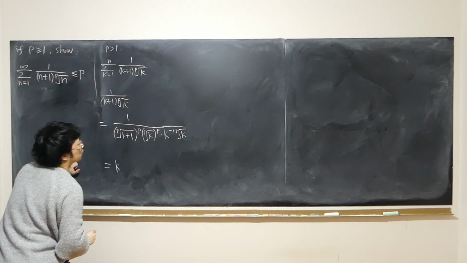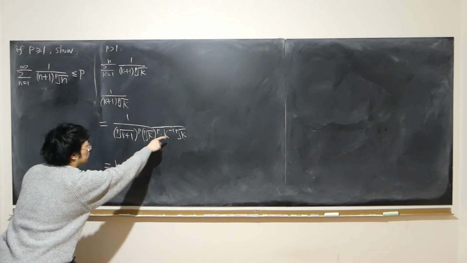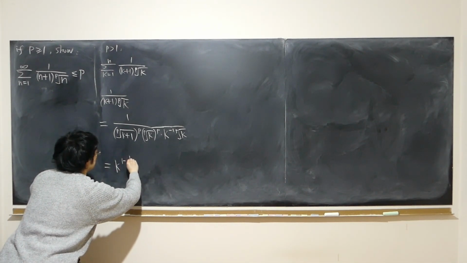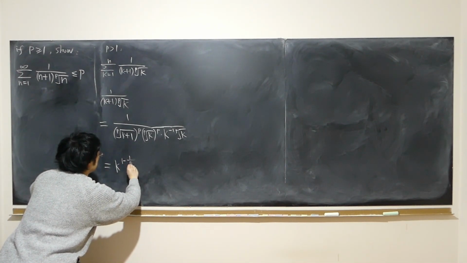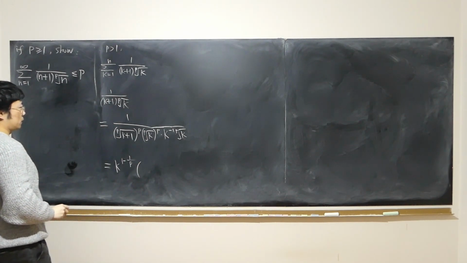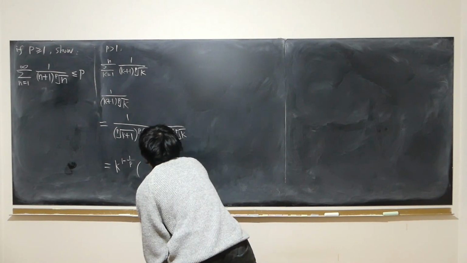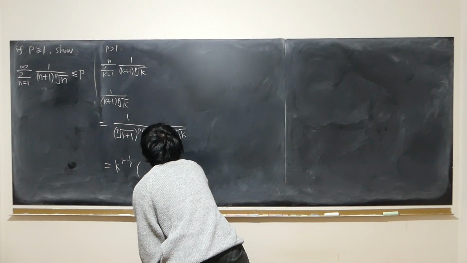So k to the power of 1, pth root, so 1 minus 1 over p, right? Times 1 over.